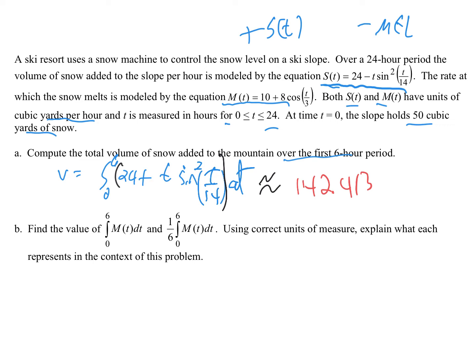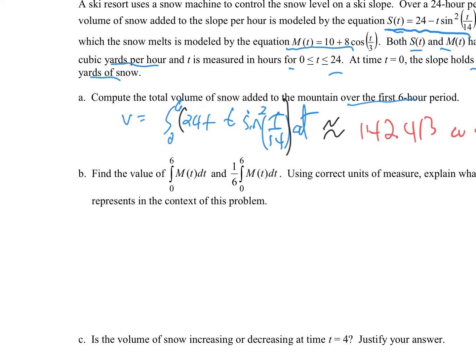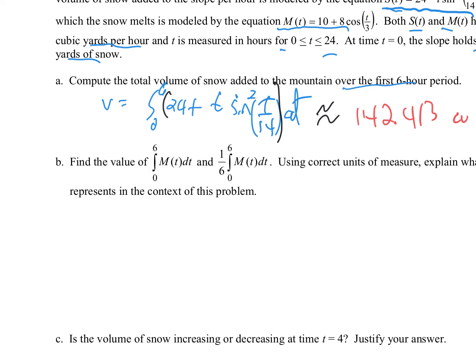142.413 cubic yards. That was pretty easy. Find the value from 0 to 6 of the melting snow and 1/6 of the melting snow.